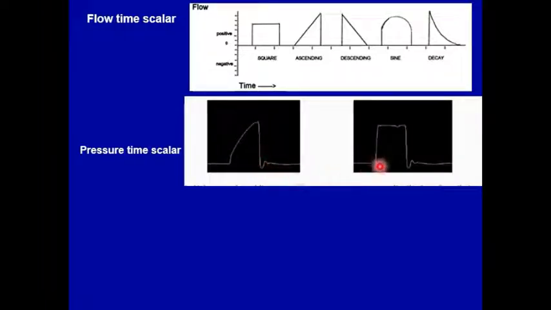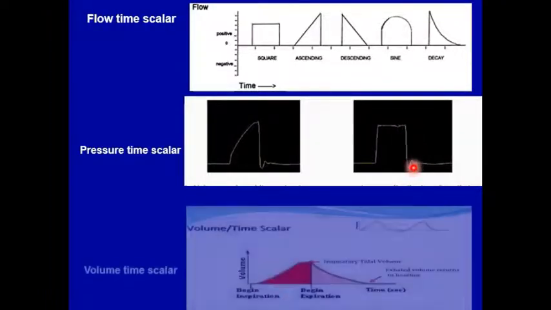In case of pressure control ventilation, it is a decelerating flow or descending ramp. Initially there is an increase in pressure, and then because the flow of gas keeps on decreasing, the pressure is kept constant. This is pressure control ventilation.